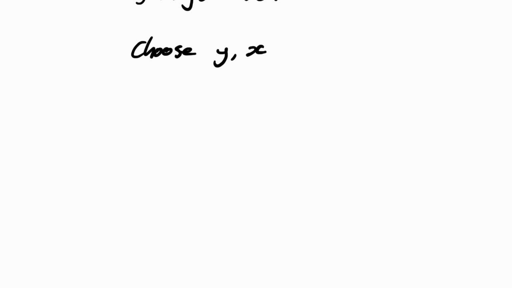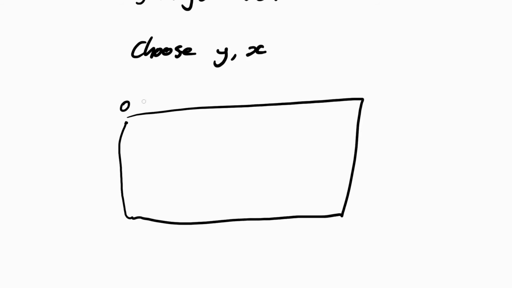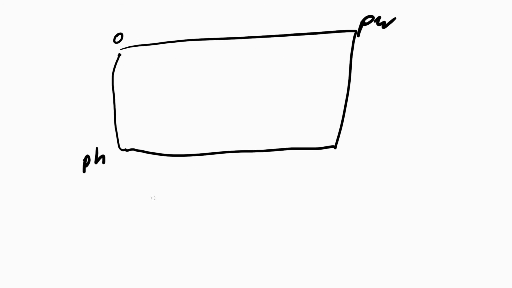So now all we need to do is take a pixel grid that goes from 0 to some, let's call it pixel width and pixel height. And now we need to convert this into -1s to 1, a sort of x and y in here. So if we have our pixel x, this varies from 0 to pw.